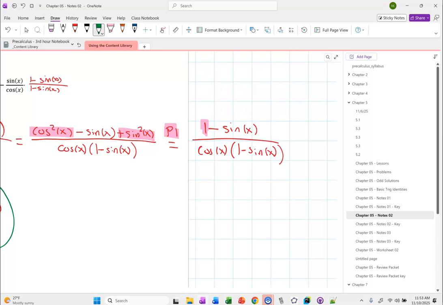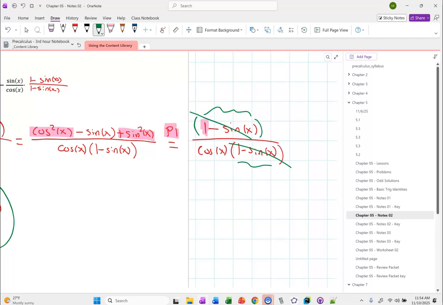One negative sine on the numerator. So the 1 minus sine x, if I think about it as one whole thing, now we can do that. Addie, you see the difference between doing that and what you wanted to do? If I think about this as one whole thing, now it's okay to cross off because there's no subtraction going on, because it's inside the thing.